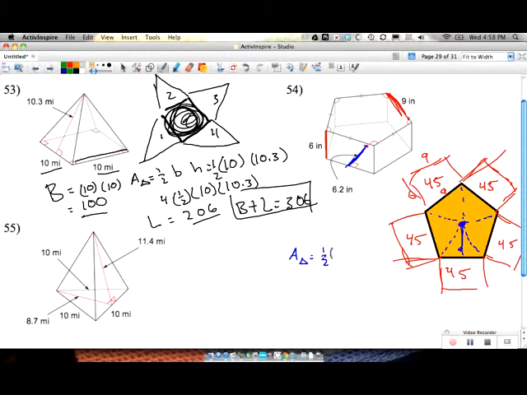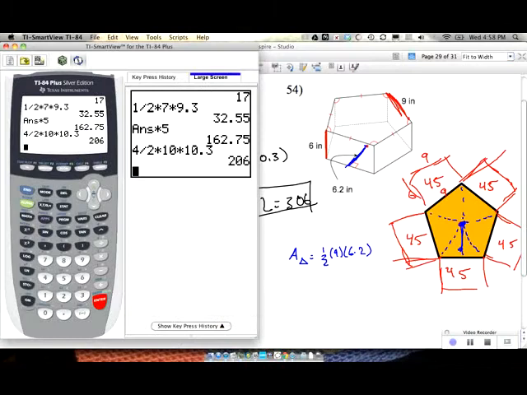And then we're going to multiply that by 5 to get the total. So that'd be 1 divided by 2 times 9 times 6.2, and I'm going to go ahead and multiply it by 5 because there's 5 of them. That gives me 139.5. So inside here is 139.5.